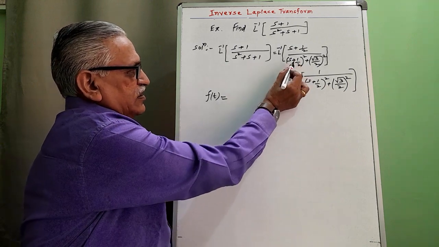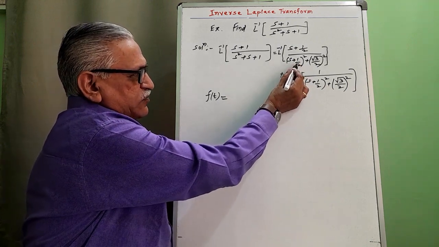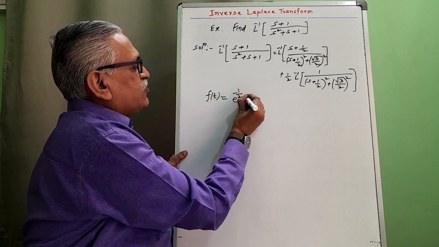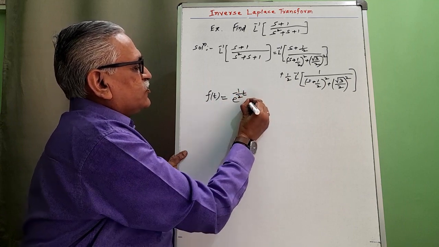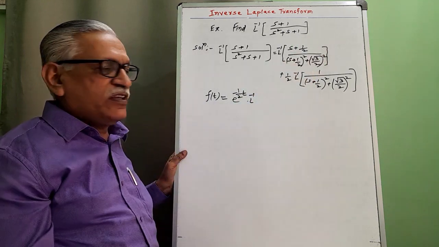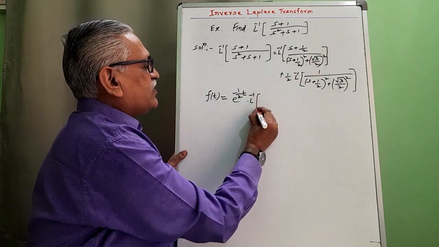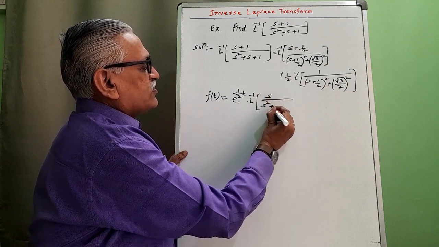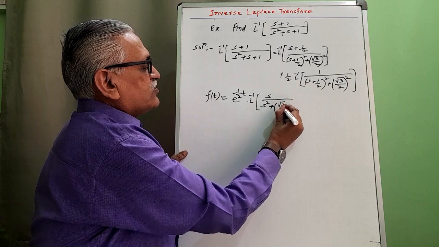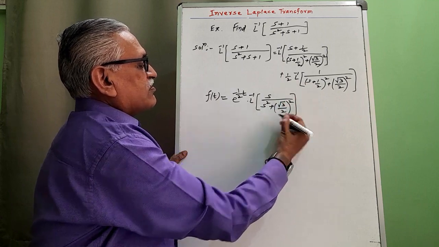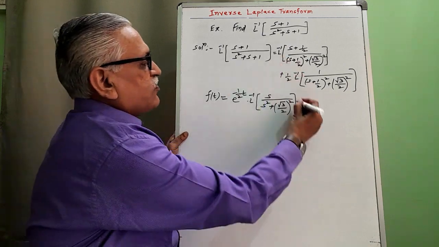It is s replaced by s plus a, therefore e raised to minus at. Here it is minus 1 by 2 times t into inverse of, neglect that 1 by 2, whatever the remaining term, inverse of that, it is s upon s square plus root 3 by 2 whole square, plus 1 by 2.